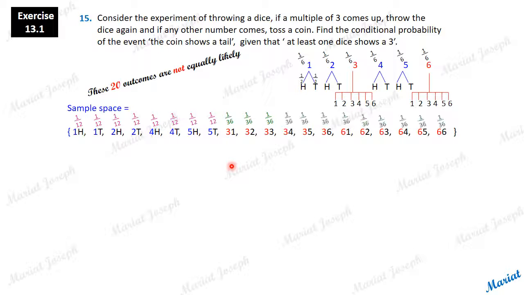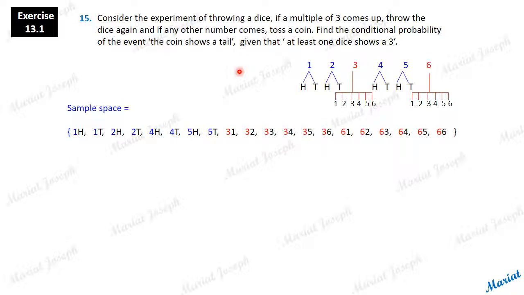Same with the next, 1/6 of 1 by 6, and the same for the 6 outcomes. So look, these 20 outcomes are not holding equal probabilities. 1 by 12 is bigger than 1 by 36. So the outcome 5T is more probable than this outcome. This is what we mean by saying these 20 outcomes are not equally likely.